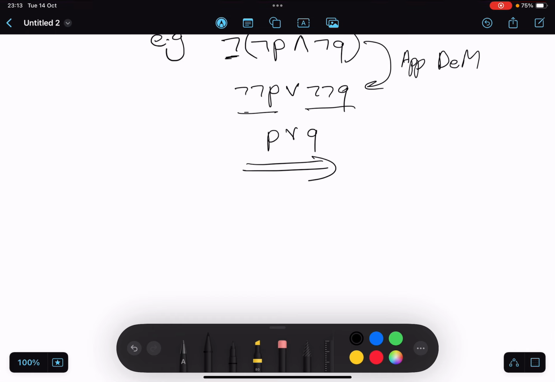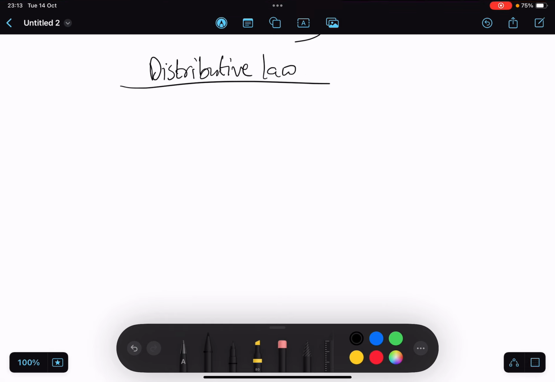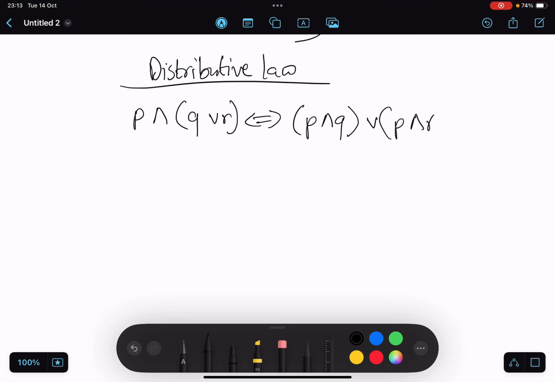So let's look at another law, which is the distributive law. With the distributive law, P and (Q or R) is logically equivalent to (P and Q) or (P and R).